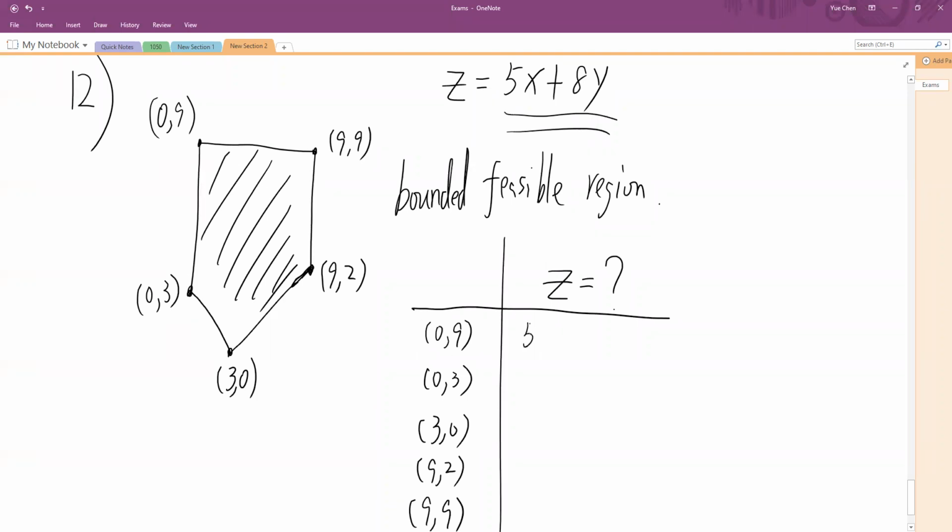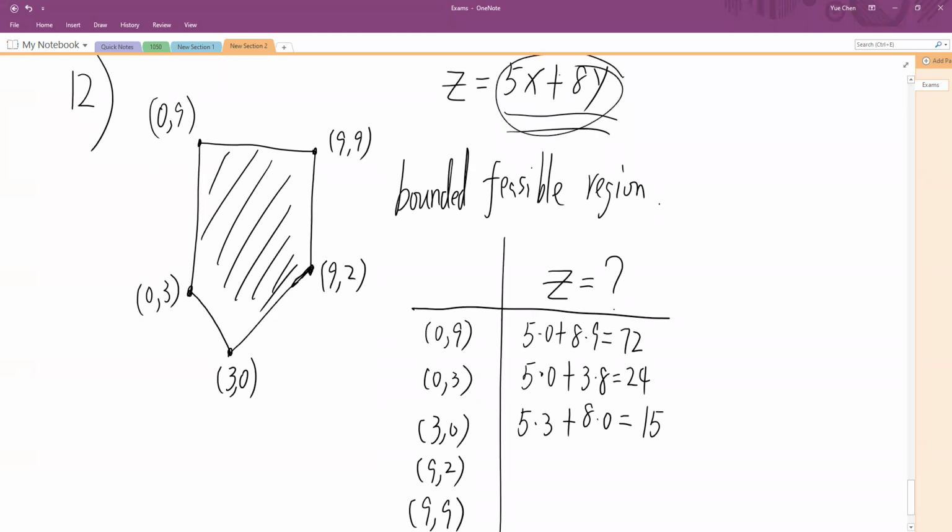Here is 5 times 0 plus 8 times 9. So this would be 72, right? And here is 5 times 0 plus 3 times 8, right? So this is 24. This one is 5 times 3 plus 8 times 0. This is 15.